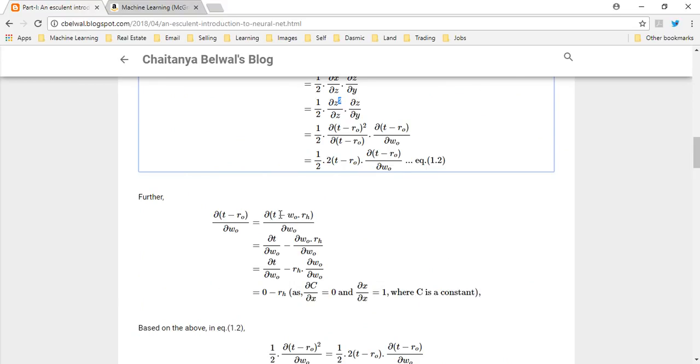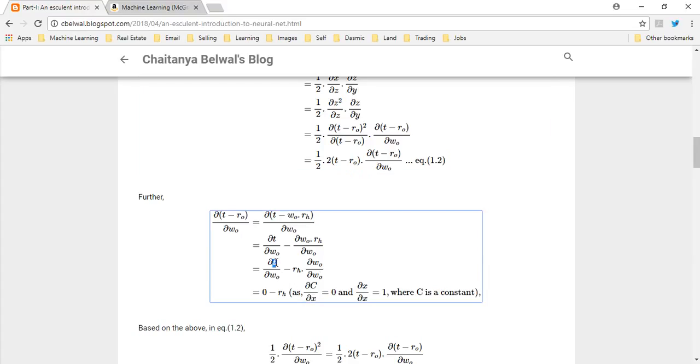Now this is a subtraction term, so we can break it up into individual derivatives like this. We're trying to find the rate of change of t in relation to w0 and the rate of change of w0 times rh in relation to w0. rh is a constant here, so we pull it out. So we keep this as the derivative of t by w0, minus rh times the derivative of w0 by w0.